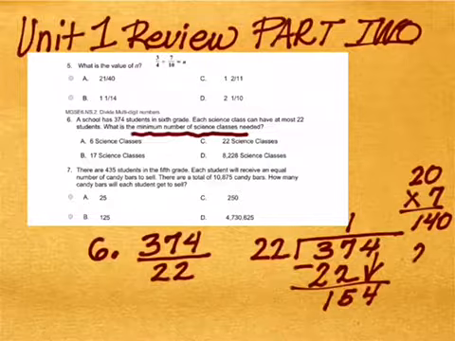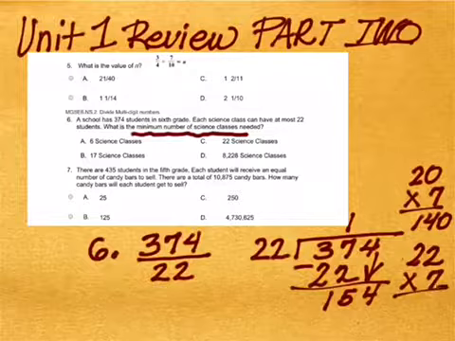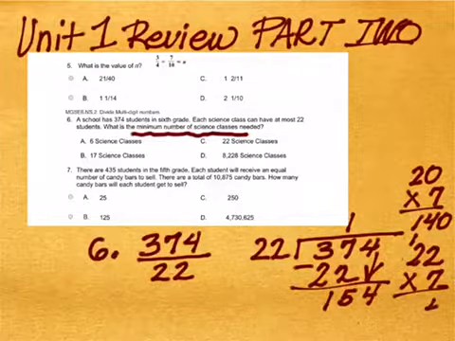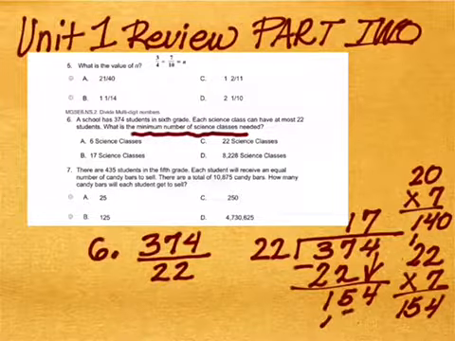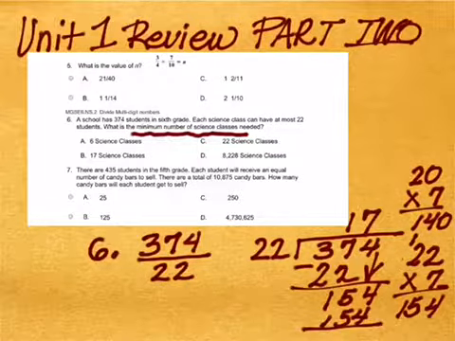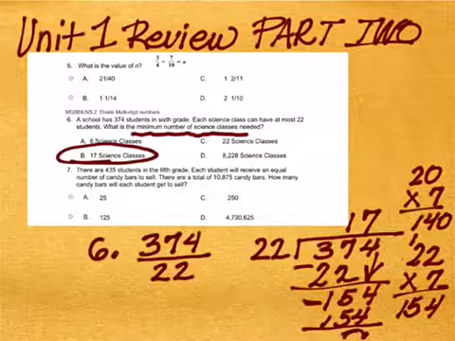Well, I would want to try 22 times 7 and see if that gives me a number close to 154. 7 times 2 is 14, and 7 times 2 is 14 plus 1 is 154. So 17 actually works out exactly evenly with no remainder left over. My final answer would be 17 science classes.